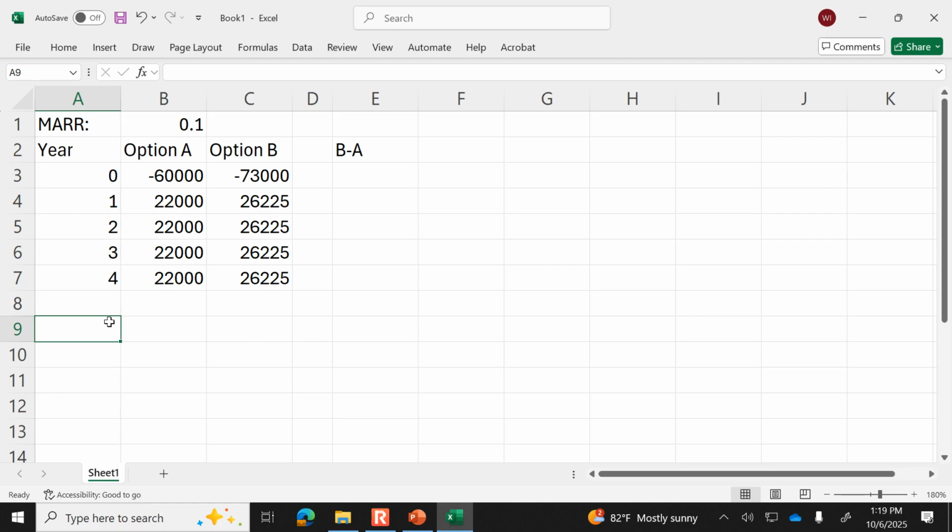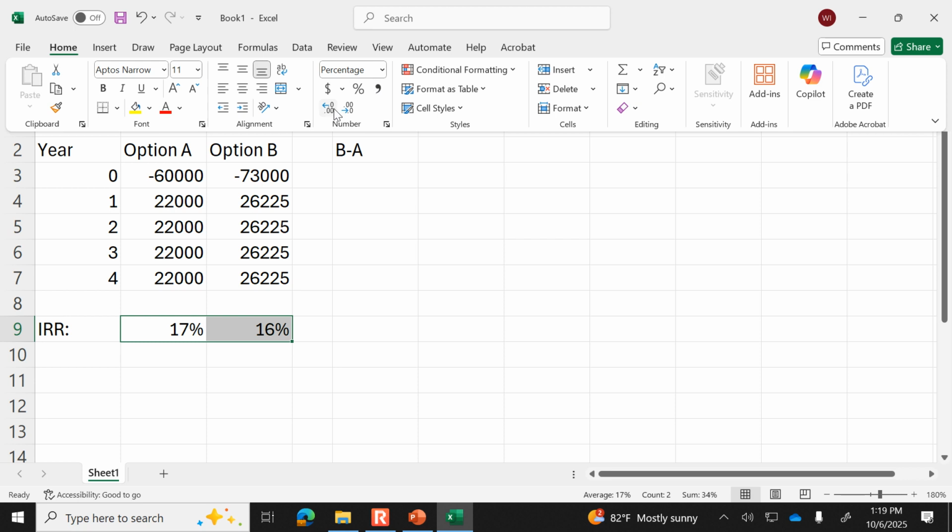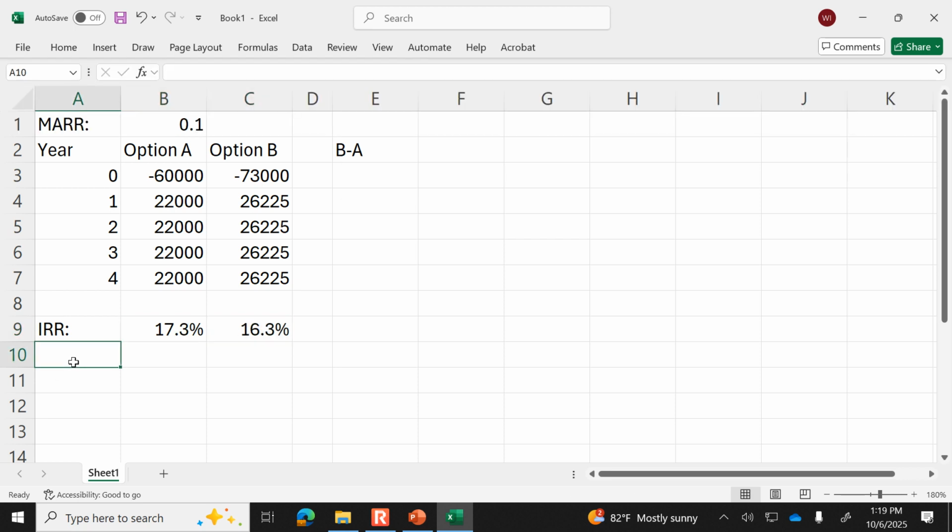Remember that we can use IRR for initial screening. So let's do that. Let's do the initial screening with the IRR function. Select the values here. And this says 17% for option A, option B 16%. So what's the interpretation of the initial screening?